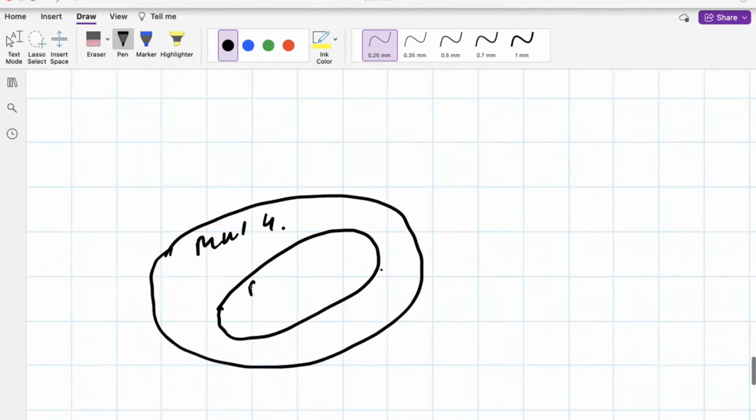So the smaller circle is the multiples of 8. And multiples of 8 are the numbers like 8, 16, 24, 32, and so on and so forth.